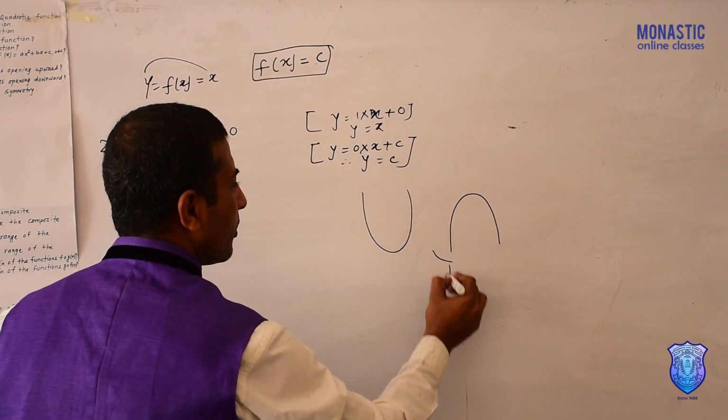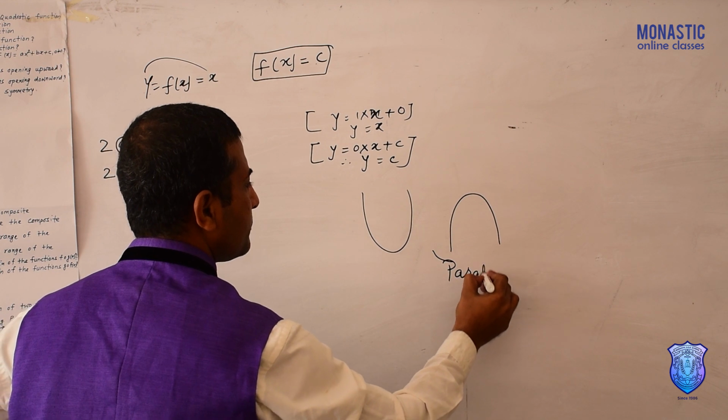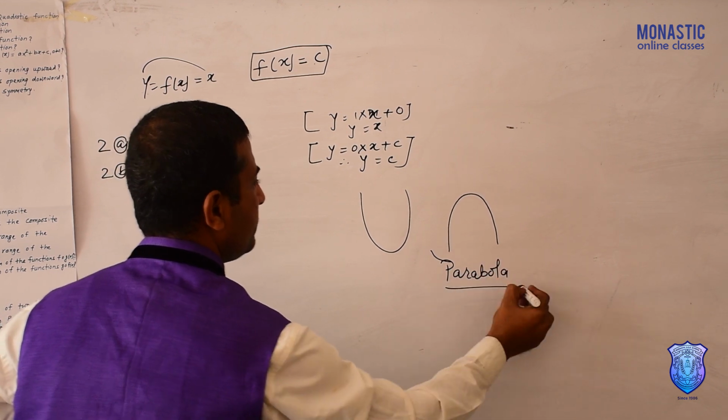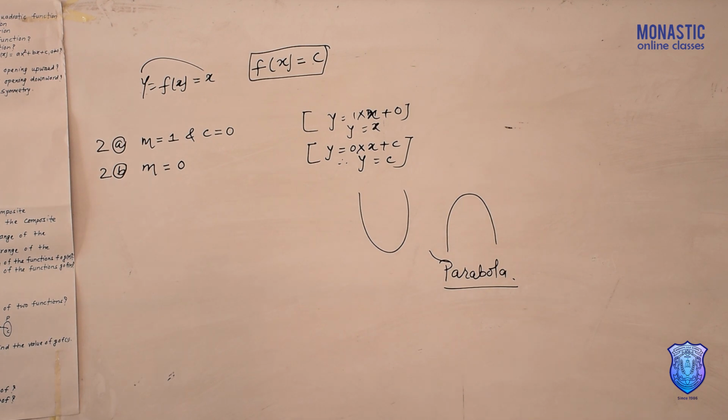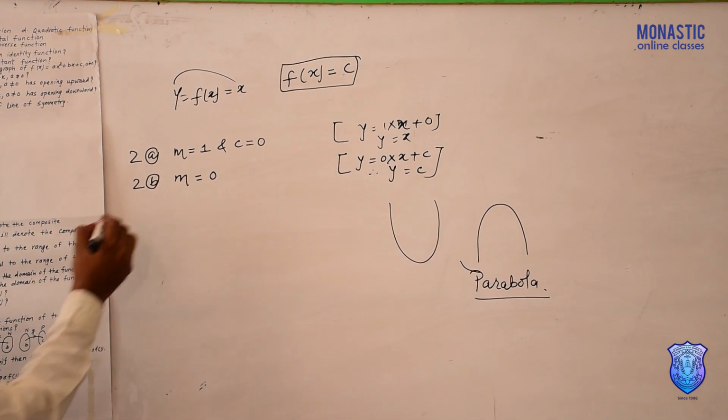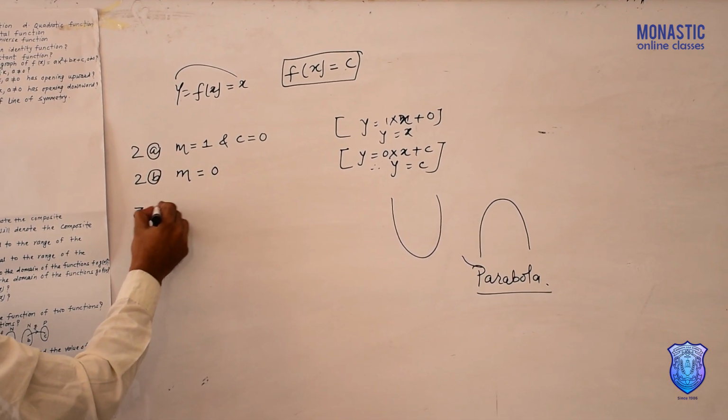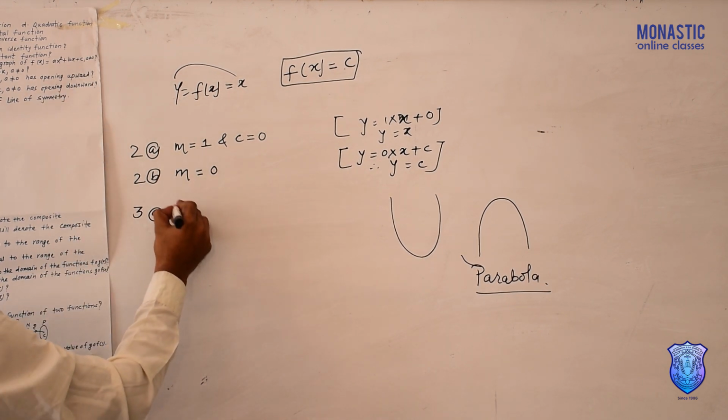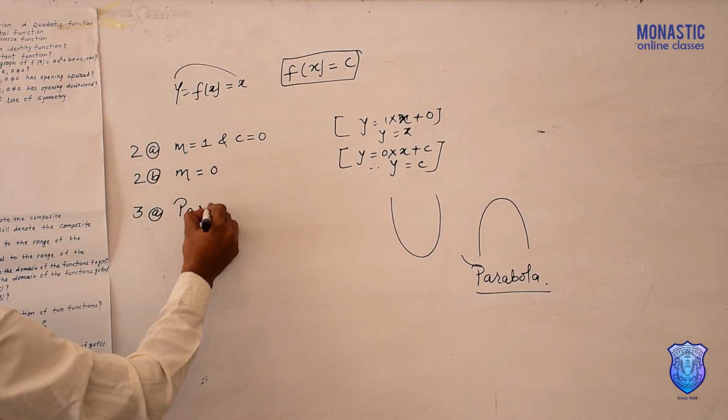This shape is called a parabola. What is the name of the curve obtained by the graph of a quadratic equation? That is parabola.